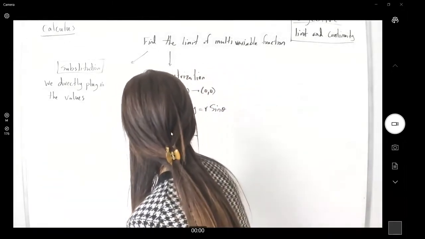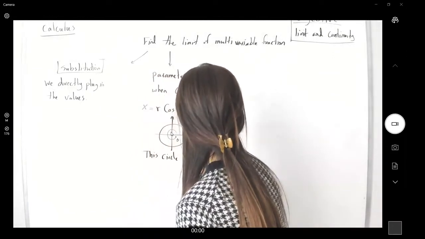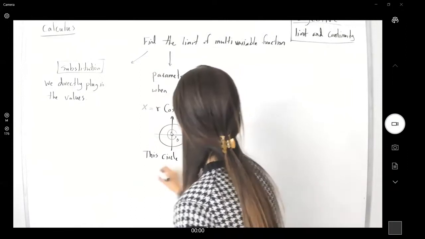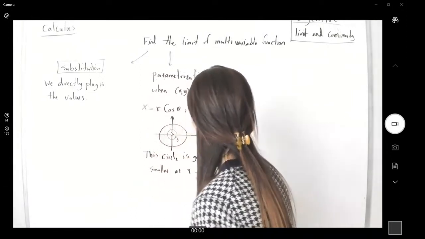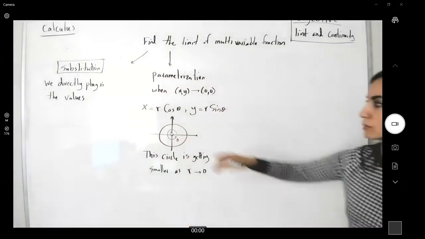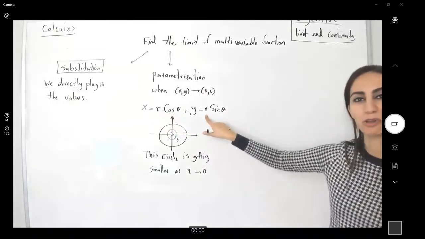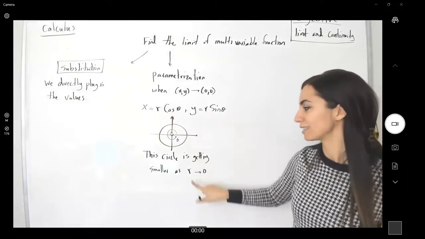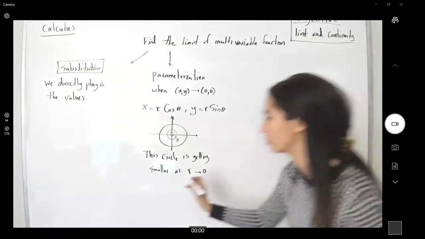This circle is getting smaller as r, or the radius, approaches 0. So we substitute r cosine theta for x, we substitute r sine theta for y, and then we take the limit as r goes to 0.